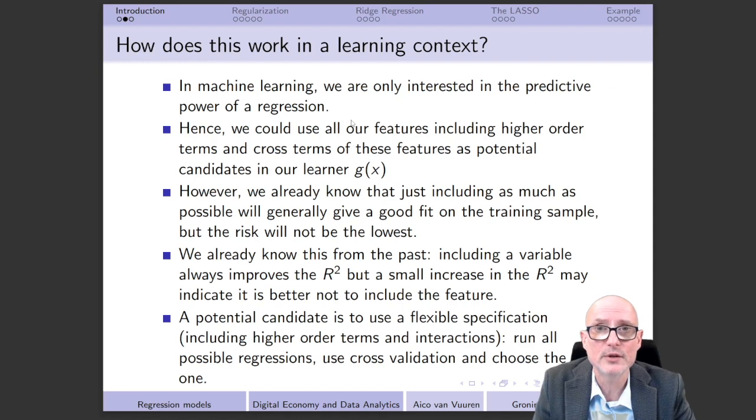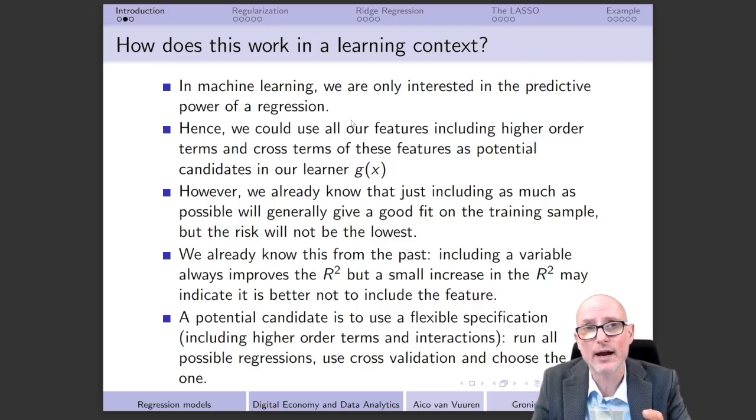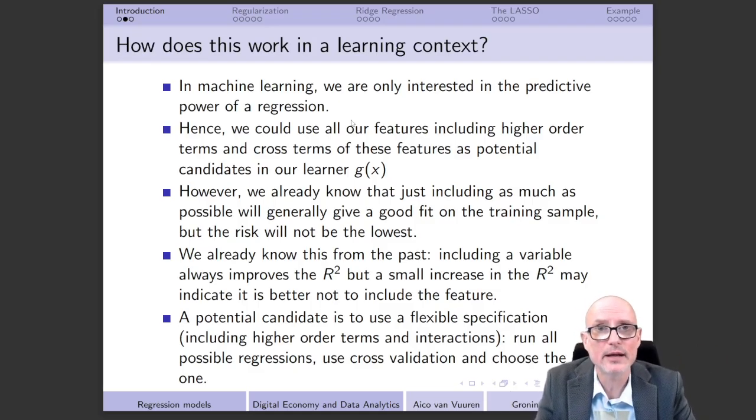We might also use higher order terms, so not just x, but also x squared, x to the power 3, x to the power 4, and interrelate them with each other. Then we can try to find the best candidate for a potential learner g(x).